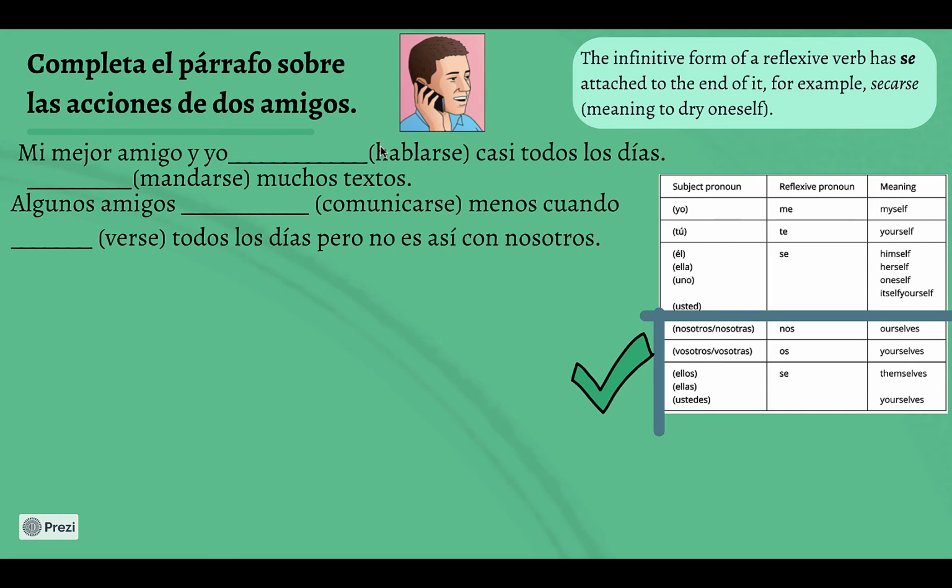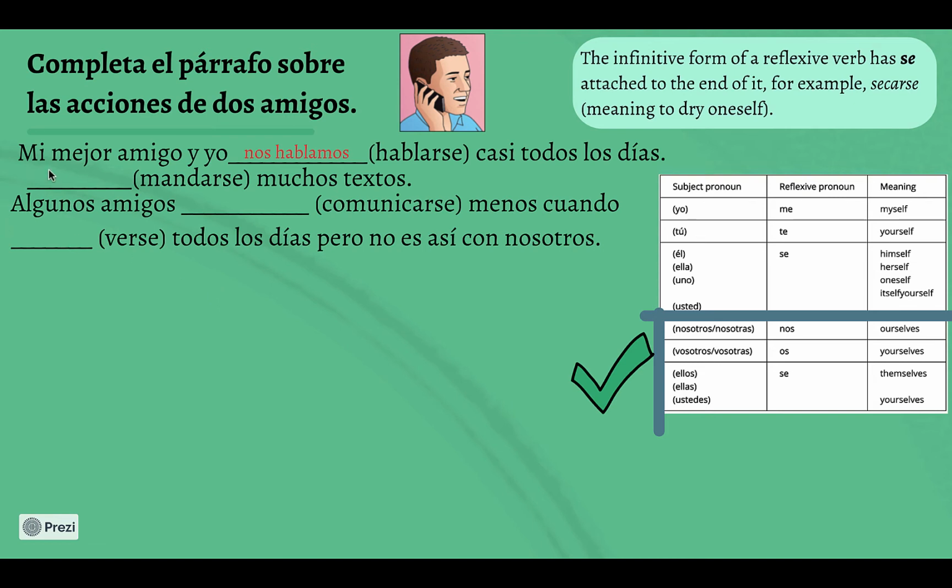Nos hablarse? No, right? So look for the right conjugation for hablar, for nosotros form. Nosotros hablamos, right? So, nos hablamos. Mi mejor amigo y yo nos hablamos casi todos los días.